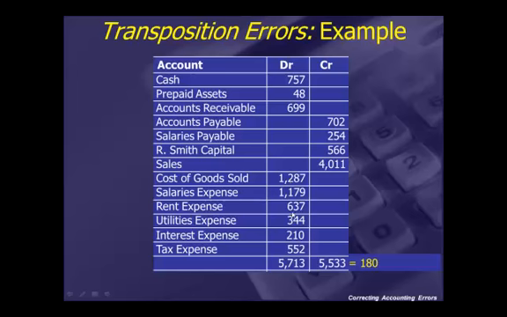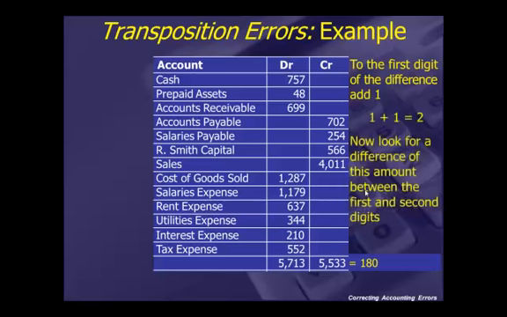Scan through and see if you can locate it. Okay, because here we've got 180 as the difference. So we've added 1. We're looking at 2. Let's see what we've got. Looking for the difference.